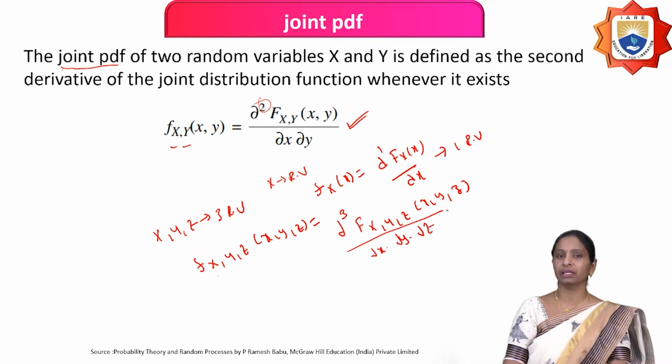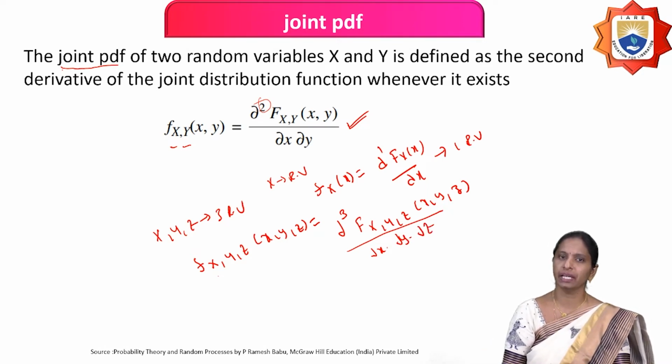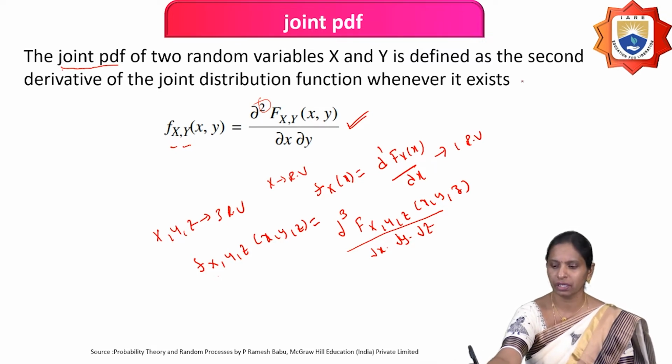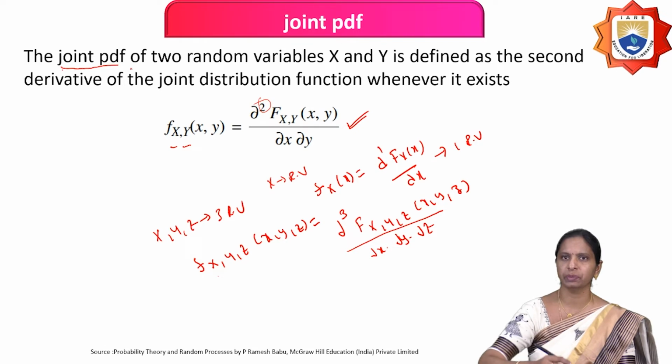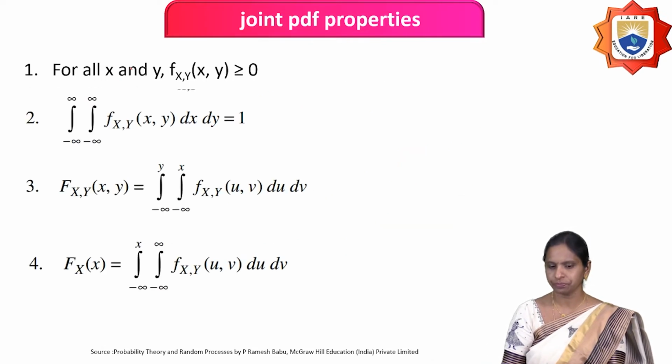And similarly, you can write down the joint density function for n random variables also. The joint density function for n random variables is defined as the nth derivative of the joint distribution function of the n random variables. So like that, we can define the joint probability density function.